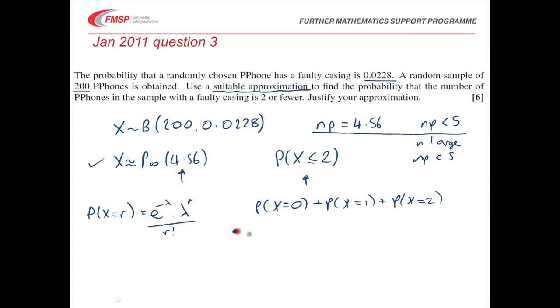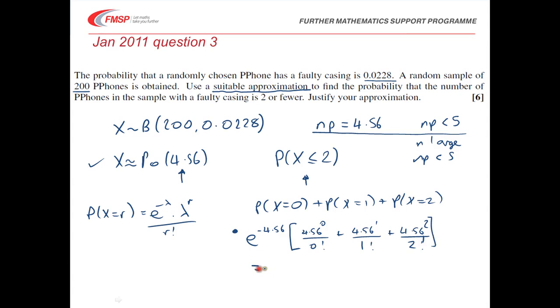So what we can notice in this is e to the minus lambda is a common factor. So I can actually take that out just to make my life a little bit easier. And that's going to leave me with 4.56 to the 0 over 0 factorial plus 4.56 to the 1 over 1 factorial plus 4.56 squared over 2 factorial.